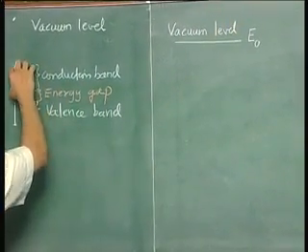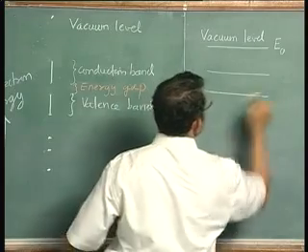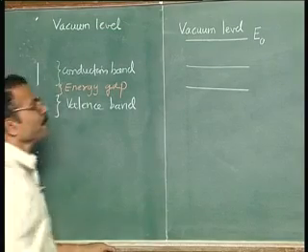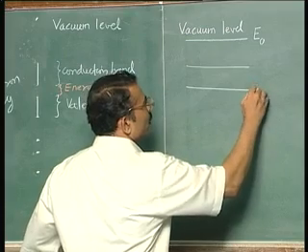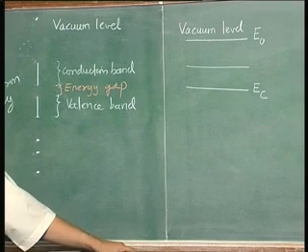And then the conduction band will be shown using two lines. The lower level of this will be represented by the symbol E suffix C. C stands for conduction.